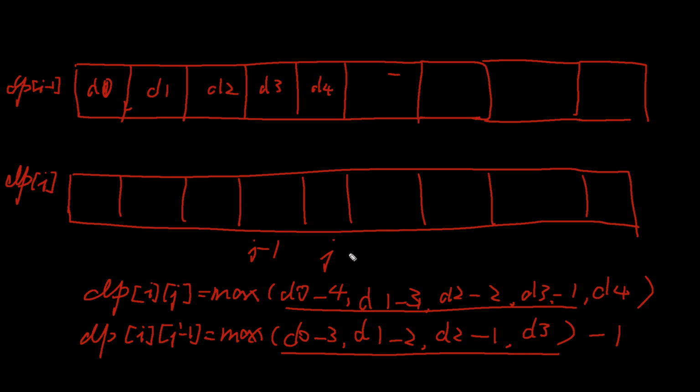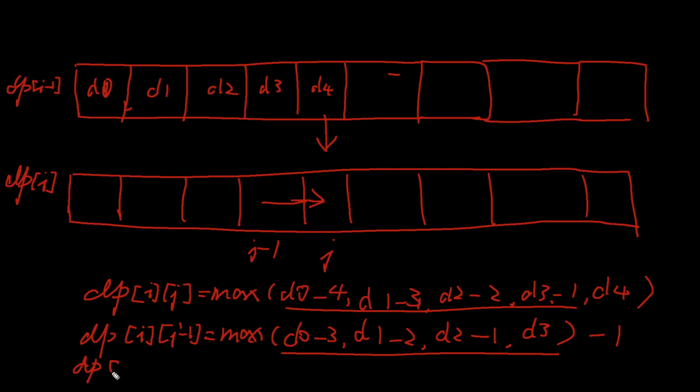So that's why, if we calculate the new dp from left to right, we don't have to compare everything from the previous row. All we need to compare is the one above us, and the one on the left, and then we do a minus 1 for the one on the left. Basically, these two, which means we only need to compare two things.